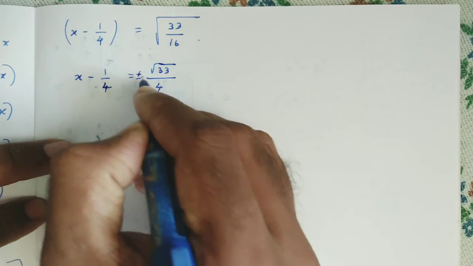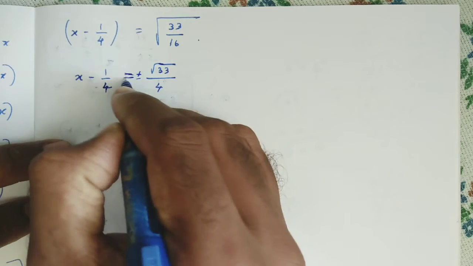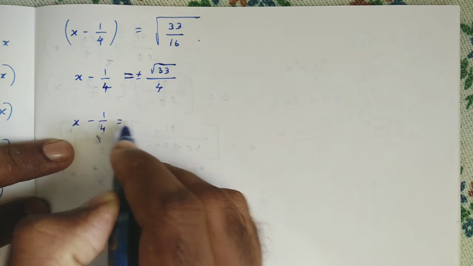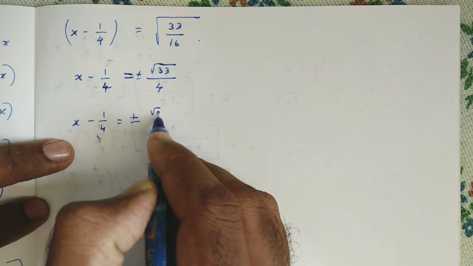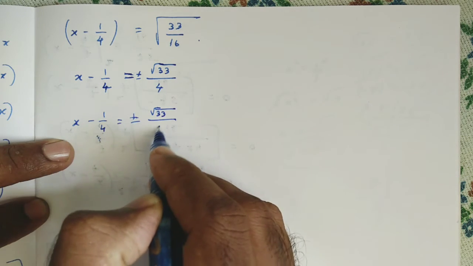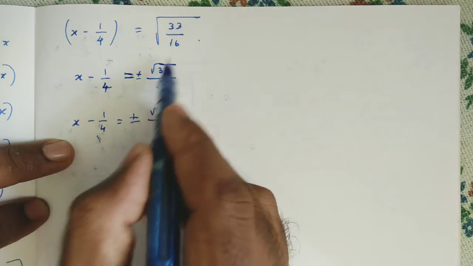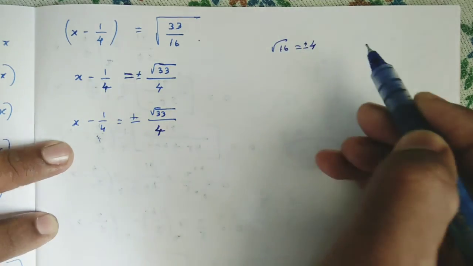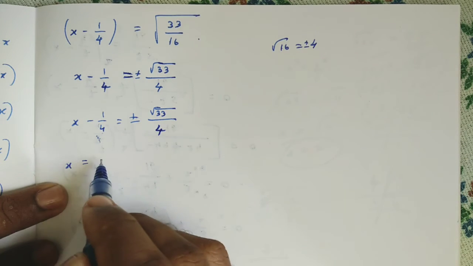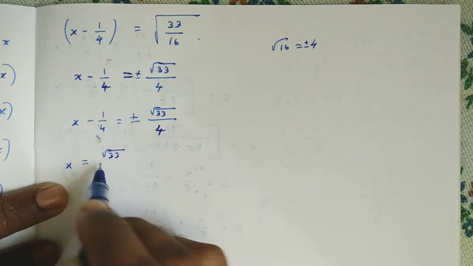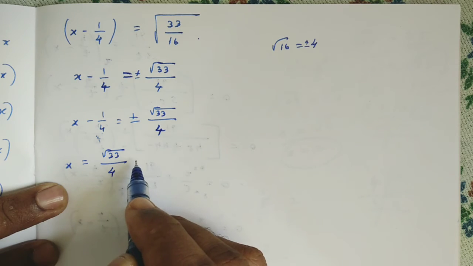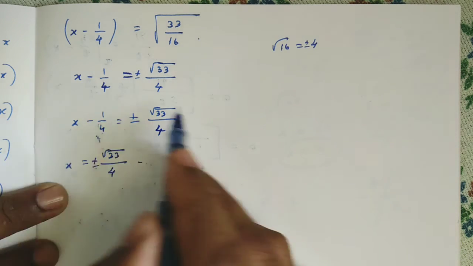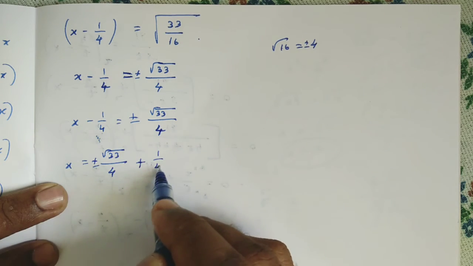So x plus 1 by 4 is equal to plus or minus root 33 divided by 4. The root of 16 is 4, as you all know. So now x is equal to plus or minus root 33 by 4, and transposing 1 by 4, it becomes minus 1 by 4.